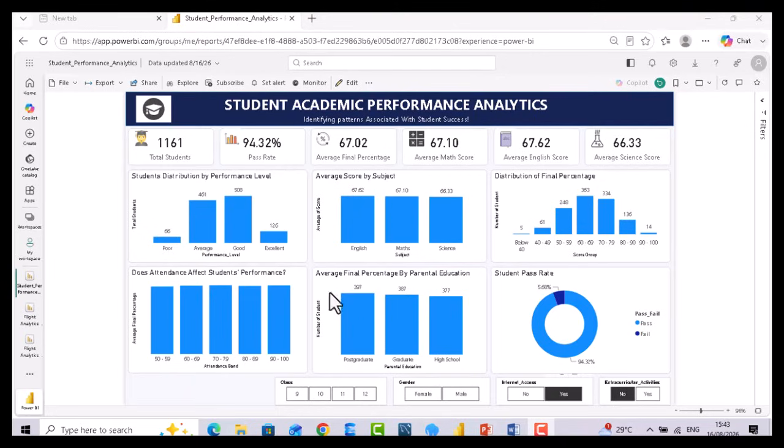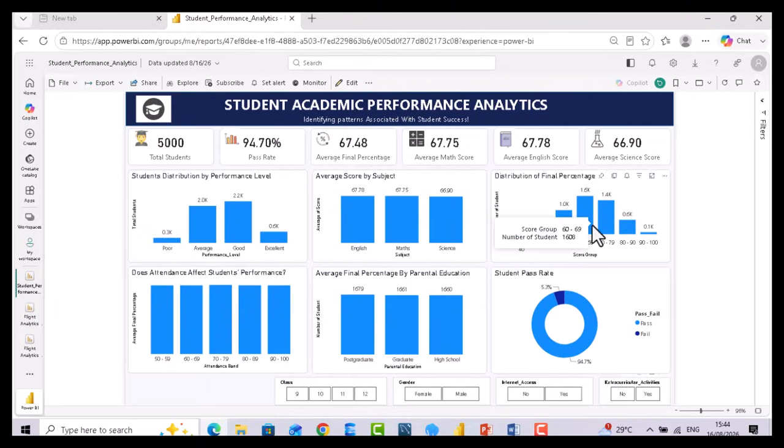Now, let me briefly present the results from the dashboard. The dataset contains 5,000 students with an overall pass rate of 94.7% and an average final performance of 67.48. The performance distribution shows that the largest concentration of students falls within the 60 to 70% range.